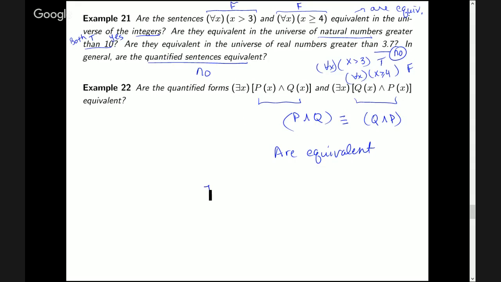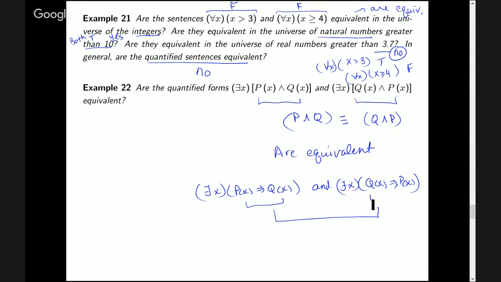Now, tell me this one. There exists an x, P of x implies Q of x, and there exists an x, Q of x implies P of x. Are these equivalent? No, the order matters here, so these are not the same.